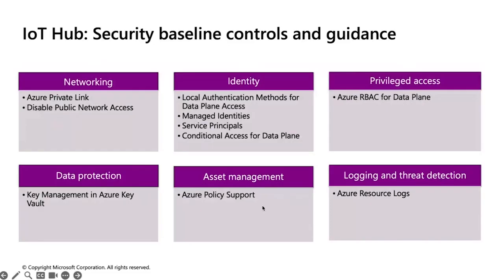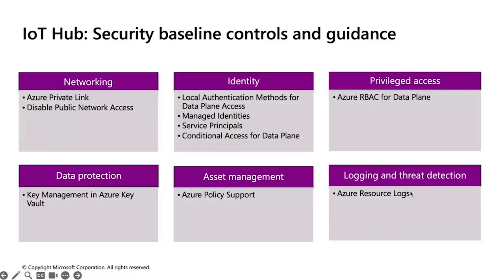For asset management, if you want to manage assets and resources and control them using Azure Policy, you can use Azure Policy implementations to control your resources for following regulatory and compliance requirements. Now, what other things do we see?